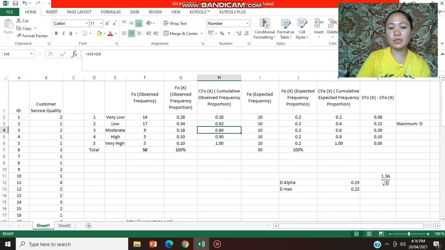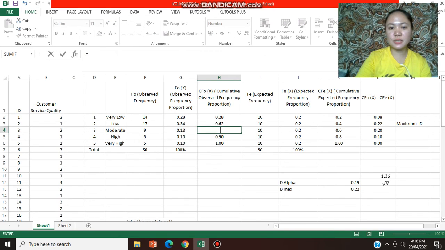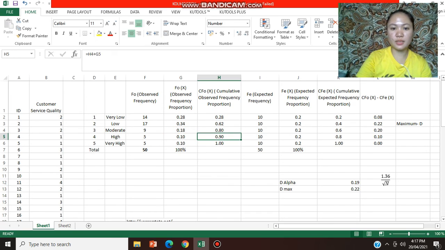O para pod makuha ni nato ning 0.80, kaning 0.62 i-add na to diri sa 0.18. Mao ni answer 0.80. Para makuha na nato ning 0.90, 0.80 plus kaning 0.10, mao ni 0.90, and then i-add ra gyapon nato sa diyang duha, mao ni 1 na ang answer.